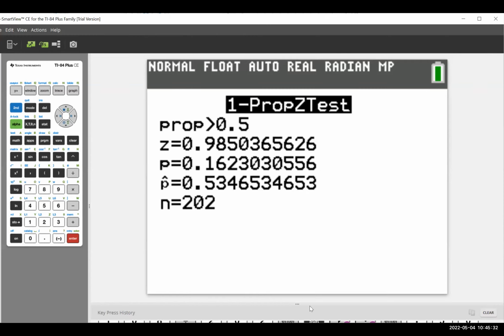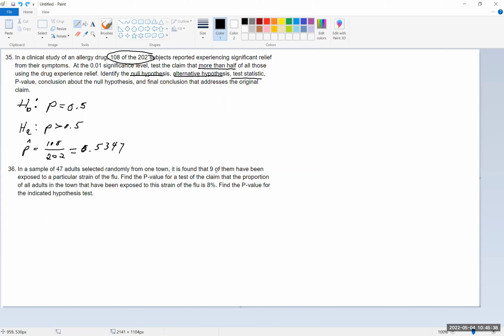So our p-value is 0.1623, which is greater than our alpha, which is 0.01.